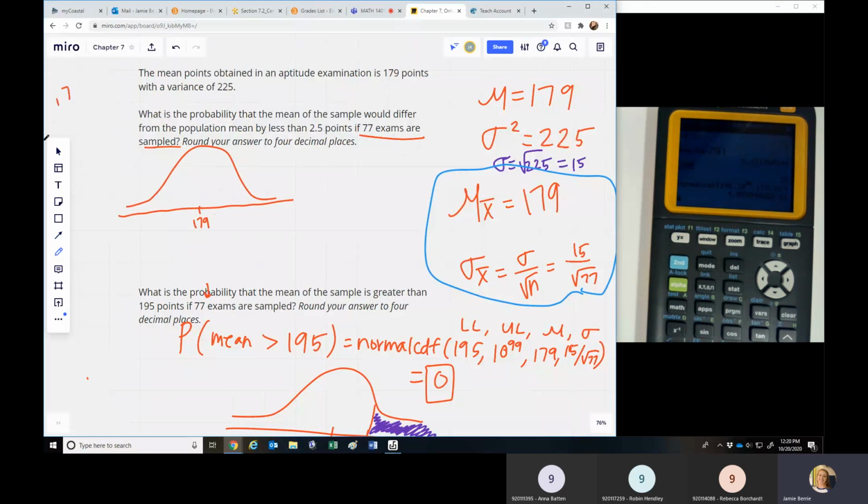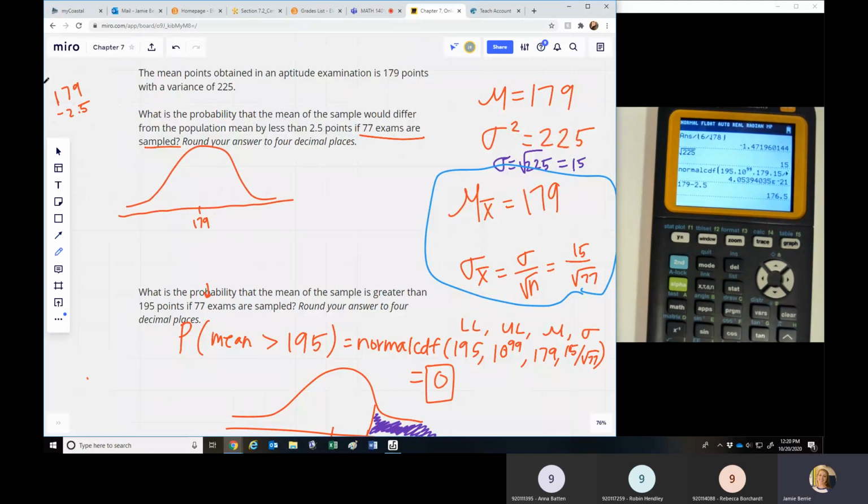So 179 minus 2.5 is 176.5. Mark that on the left. And if we went up 2.5 points, that is 181.5. Go ahead and draw your line straight up at the two numbers you're interested in.